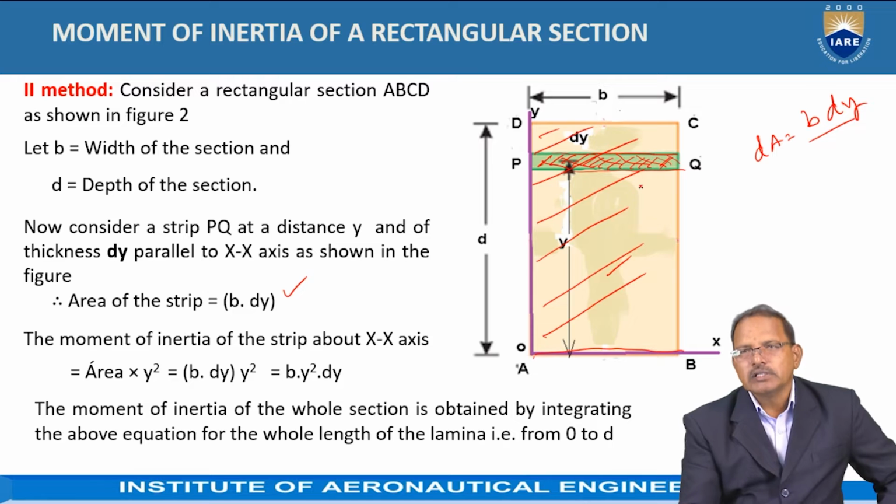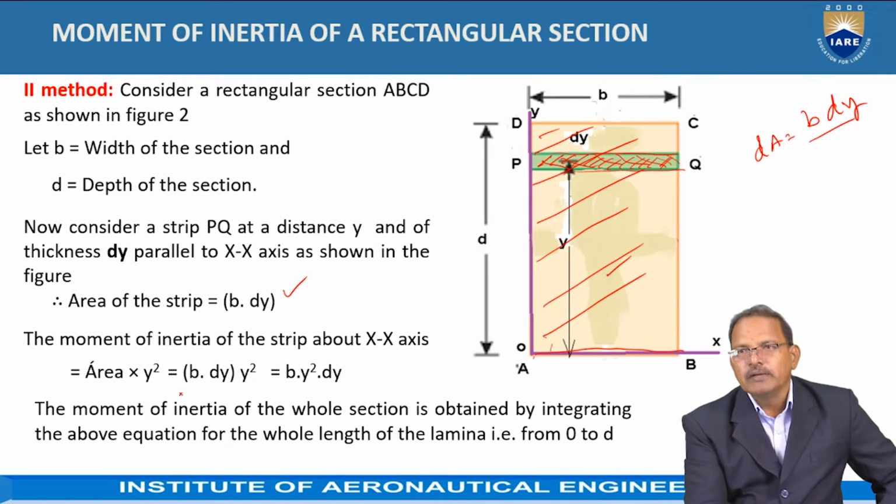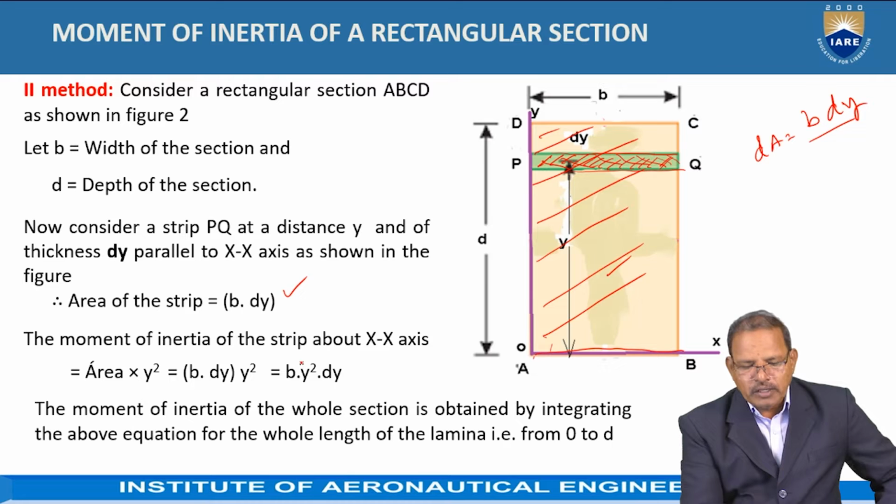The moment of inertia possessed by this element about the line AB, which is at a distance of y as shown in the figure, is given by the product of area and the square of the distance between the lines. Area is given by B dy, and the square of the distance is y square.